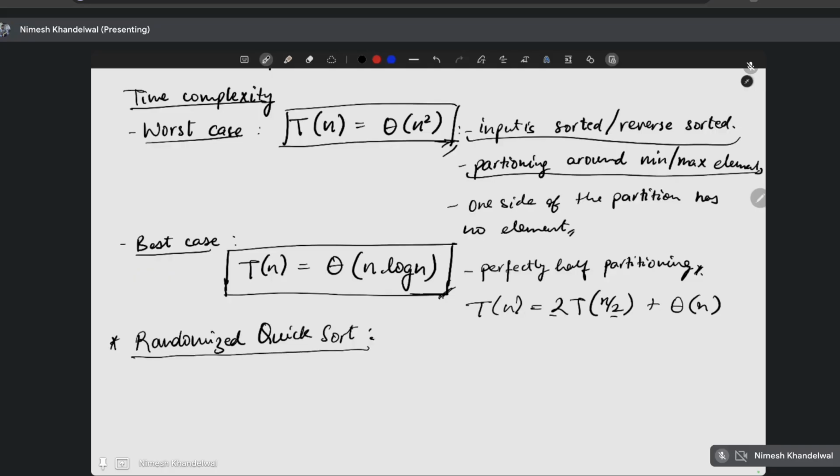The idea was primarily that we partition around a random element. So we do not use the partitioning subroutine that was discussed earlier, and we just choose the partition randomly.